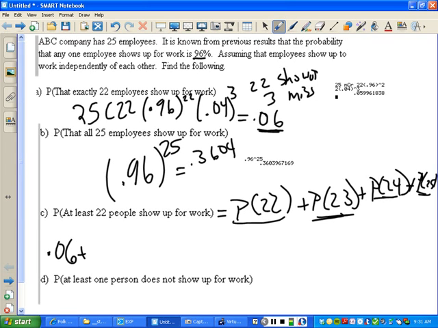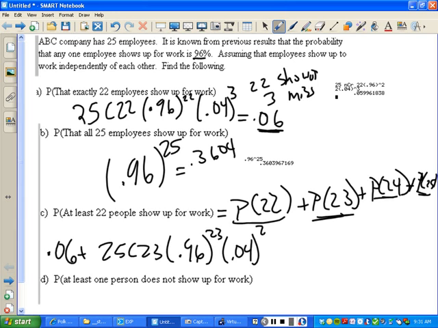Probability of 23. How do you get the probability of 23 people showing up? Same way you did the other one. It's just the same thing. Yes, 25 choose 23. That's a pain. 0.96 to the 23rd, 0.04 to the second.